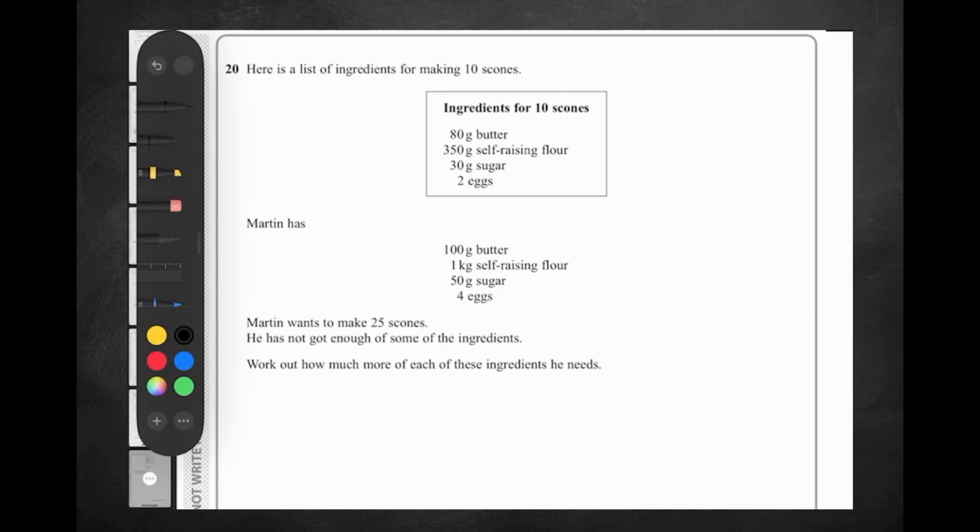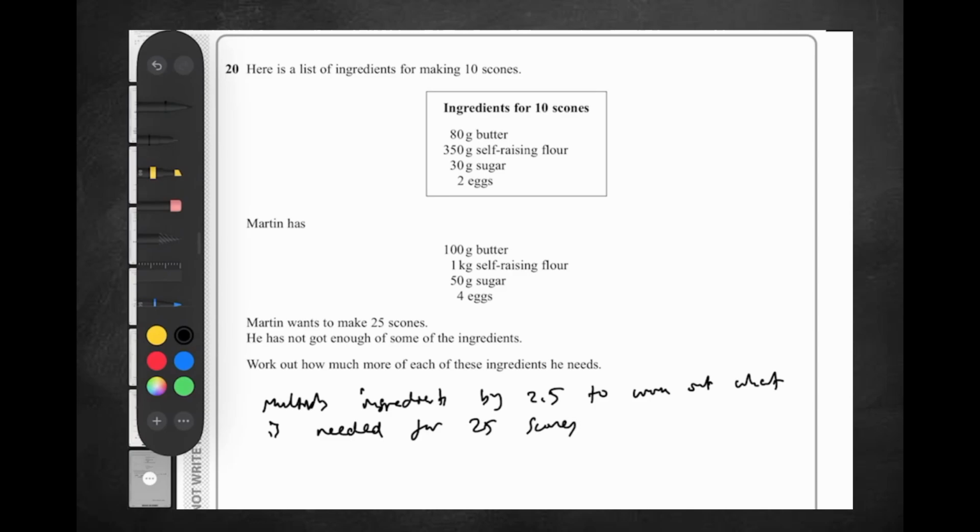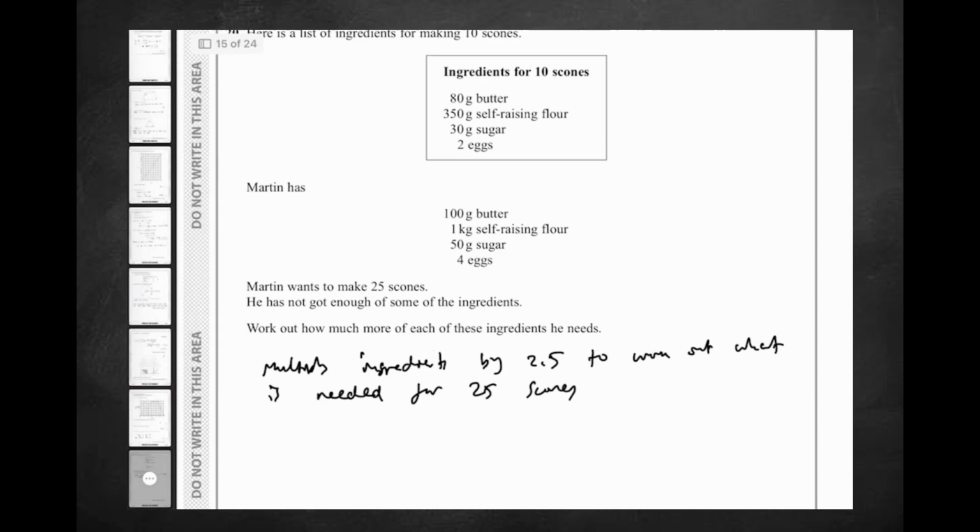So multiply the ingredients by 2.5 to work out what is needed for 25 scones. Scroll down a little bit.